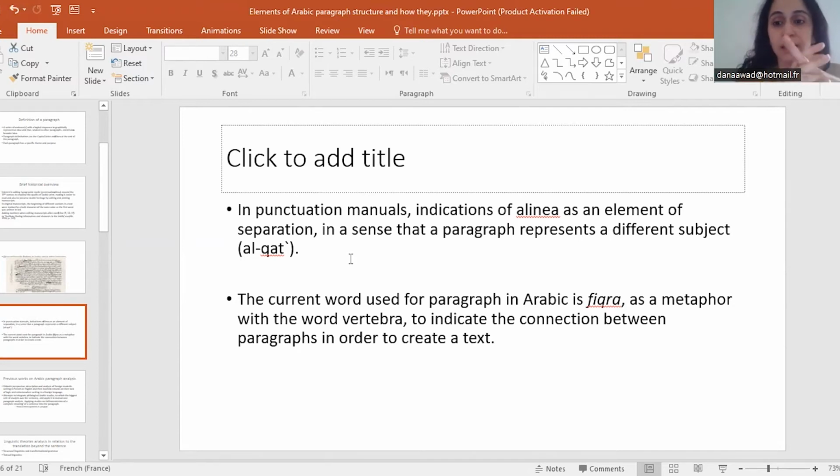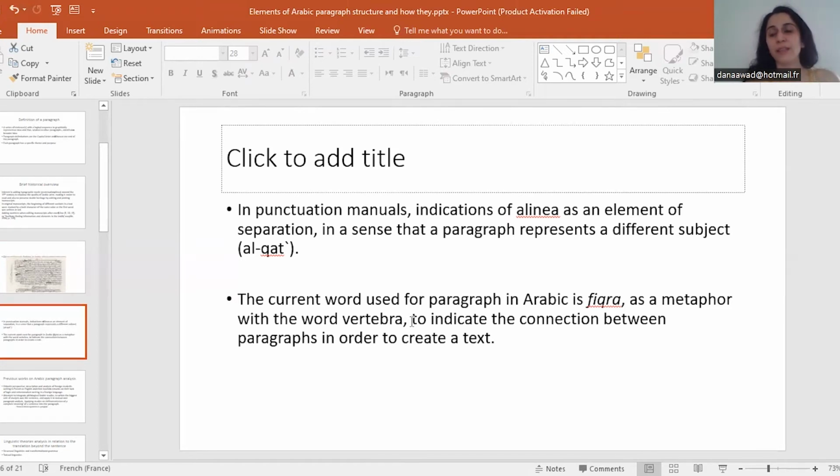And as for the current word used for paragraph, it's the word fiqra. So it is a metaphor with the word vertebra, which is the denotational meaning for fiqra. And this metaphor indicates the connection between paragraphs in order to create a text.